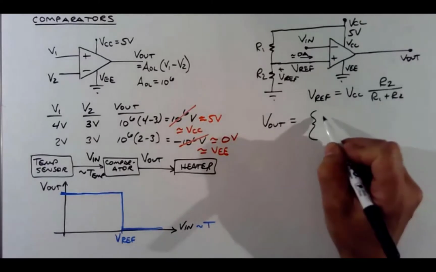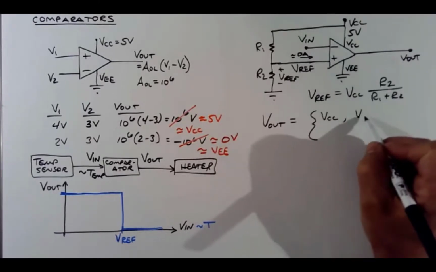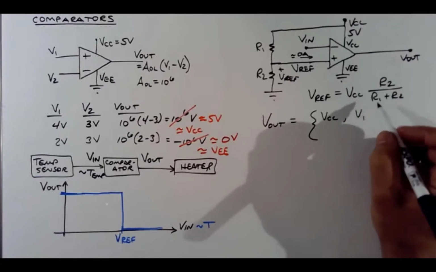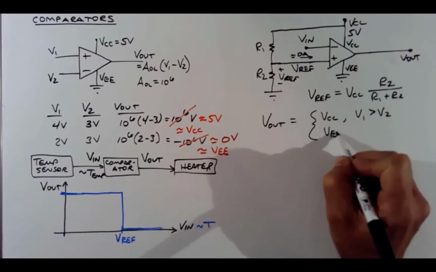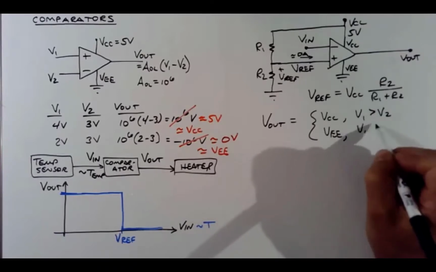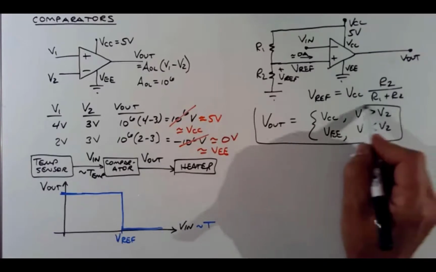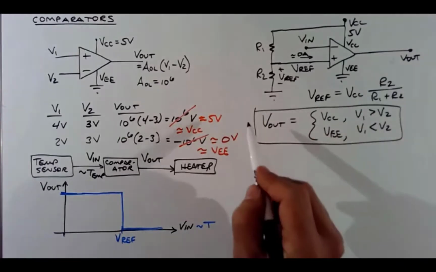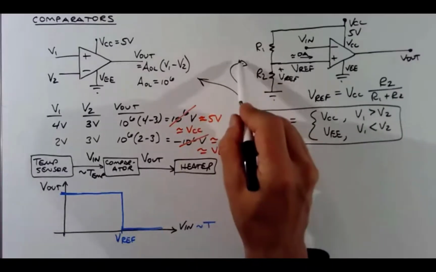So V out equals VCC for V1 greater than V2, and VEE for V1 less than V2. Okay, so that is like the big takeaway for all these comparator circuits.